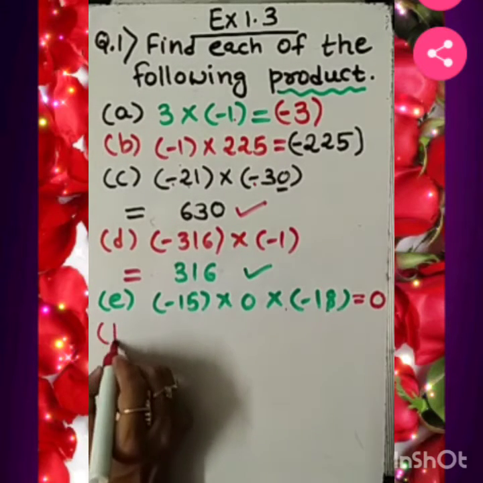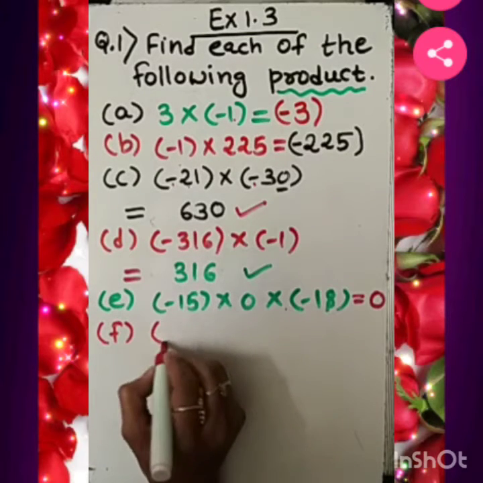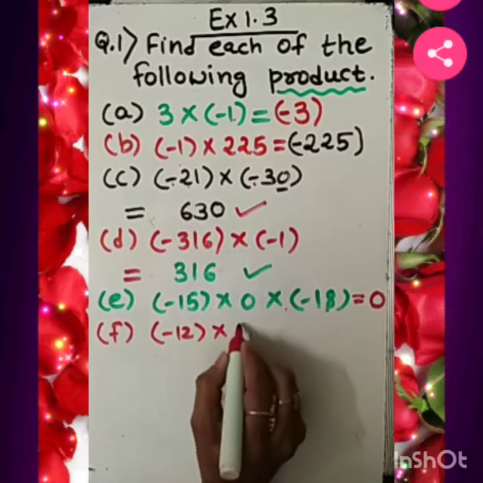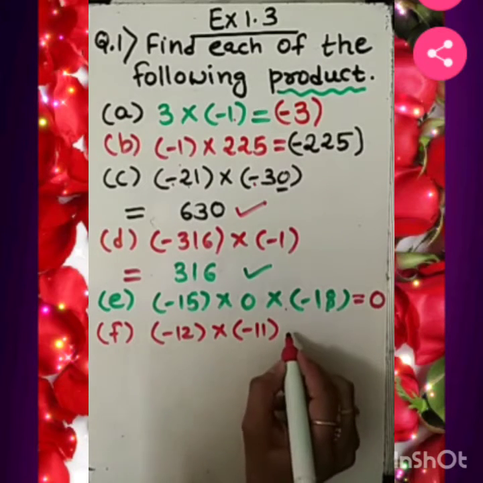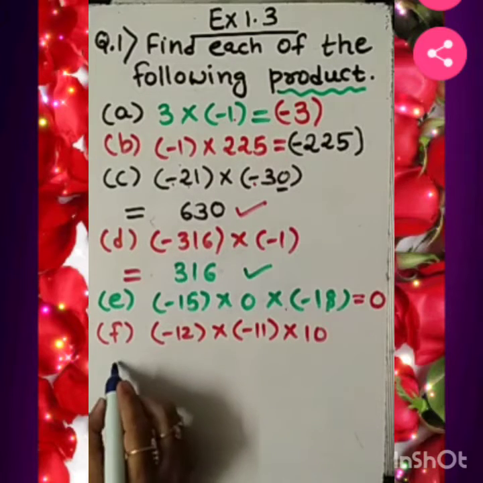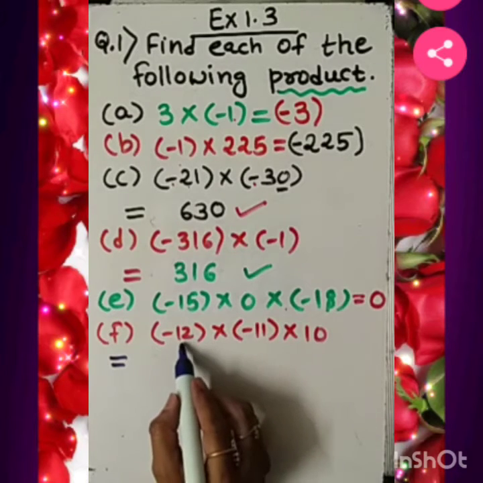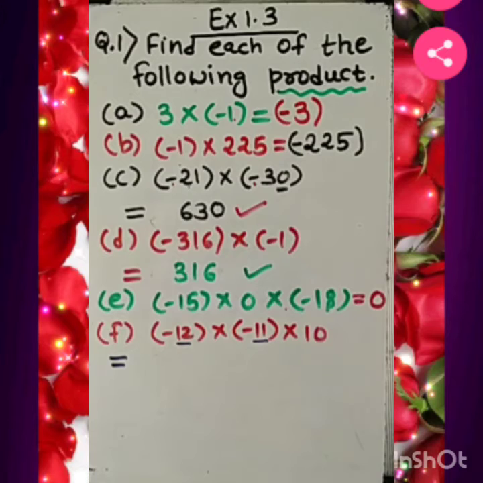Now we'll work out F. We are given minus 12 in one bracket into minus 11 into 10. How to solve this? We know very well 10 is there, so simply focus on these two numbers, 12 into 11.